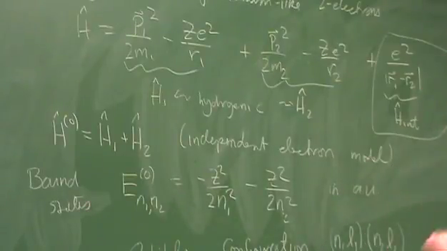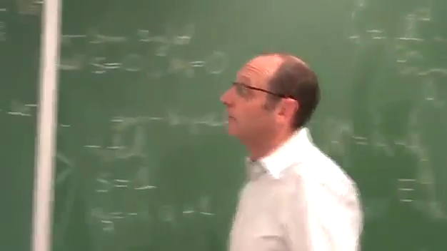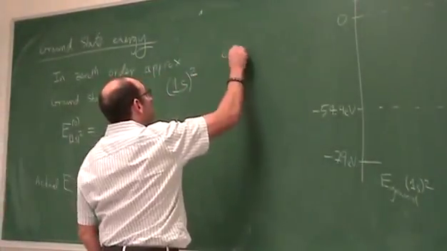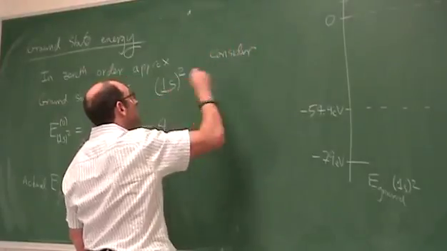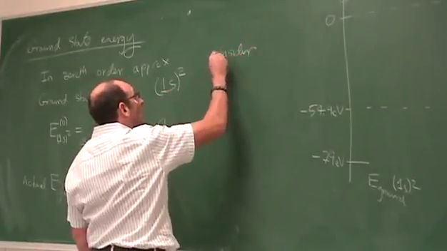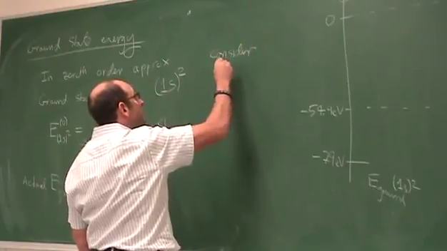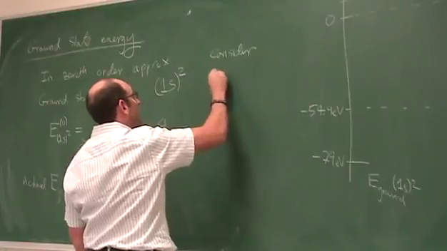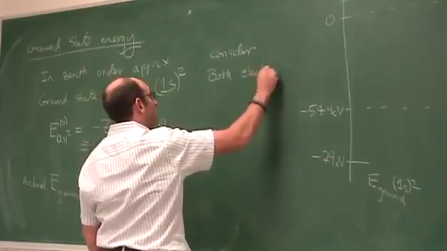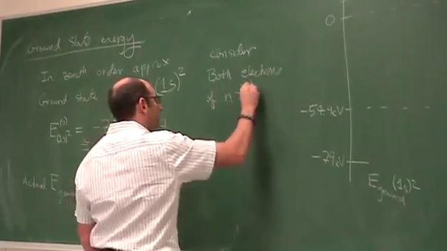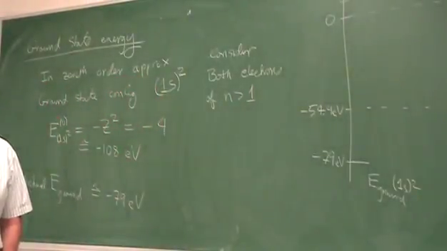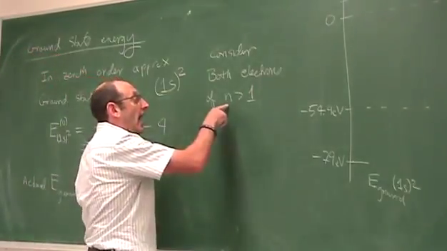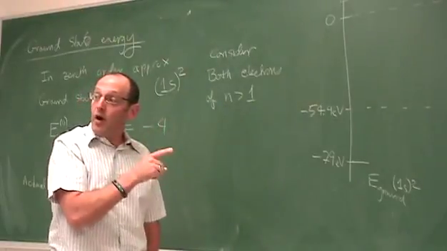So let's look at the situation where both electrons have principal quantum number n greater than 1.